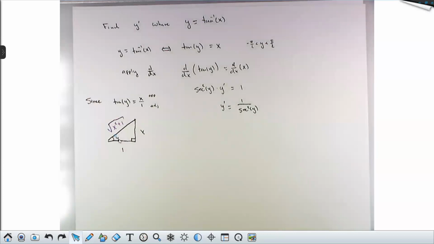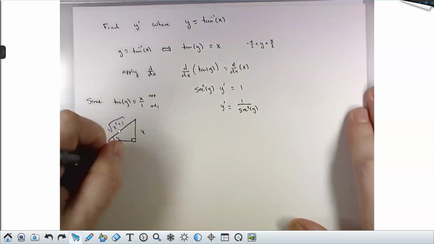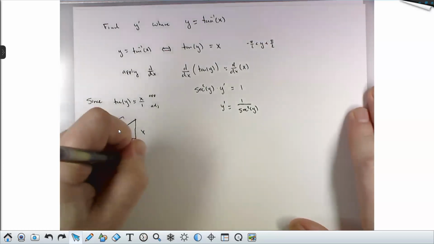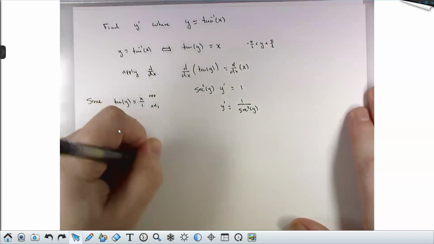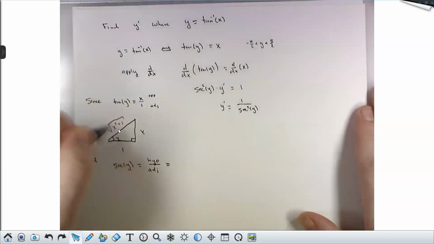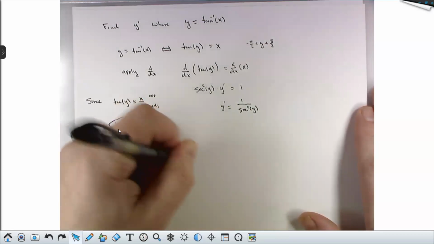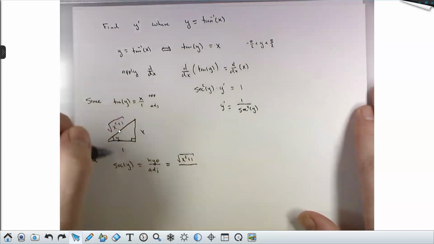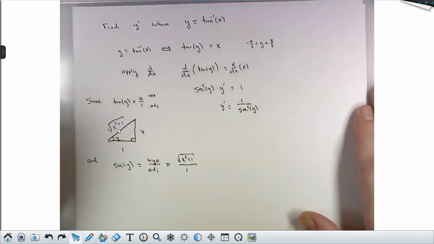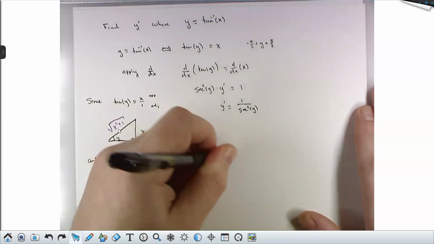So what is the secant of y? That would be the reciprocal of cosine, which cosine is adjacent over hypotenuse. So this would be hypotenuse over adjacent. So that's the square root of x squared plus 1 divided by the adjacent side, which is just 1, which is the square root of x squared plus 1.